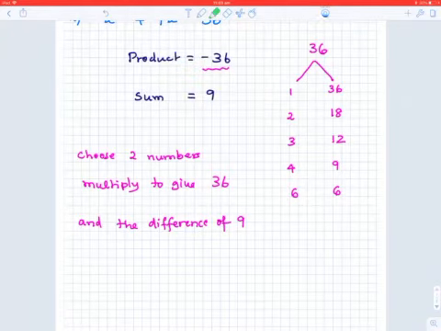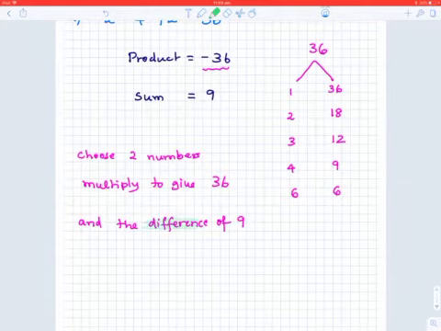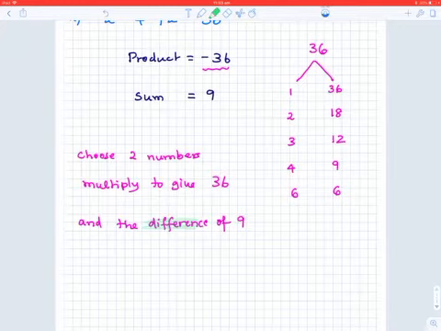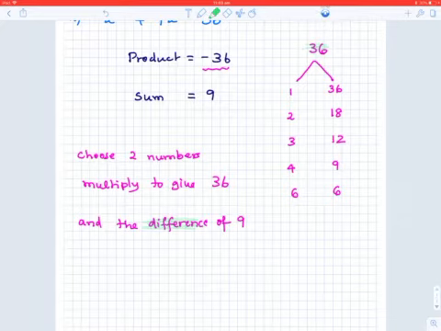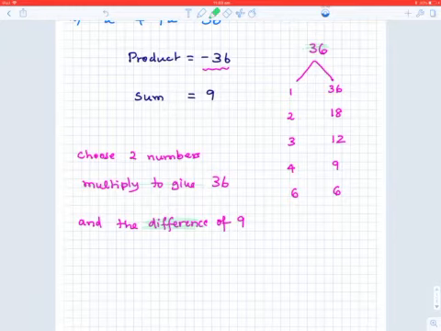We don't need to worry about the sign, so I don't need to put minus here. Just keep 36.